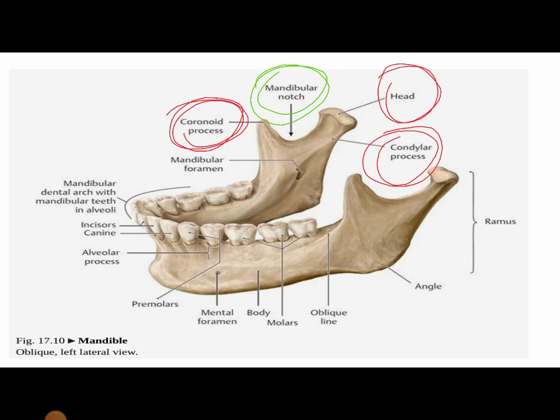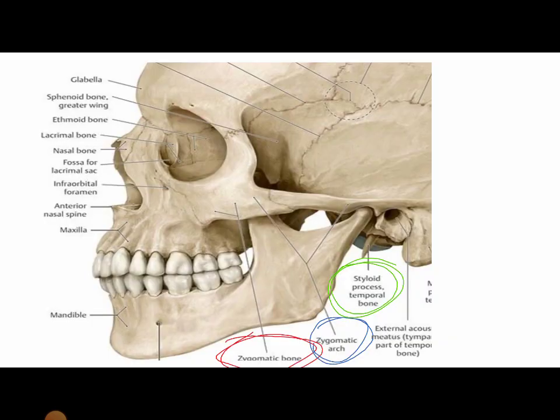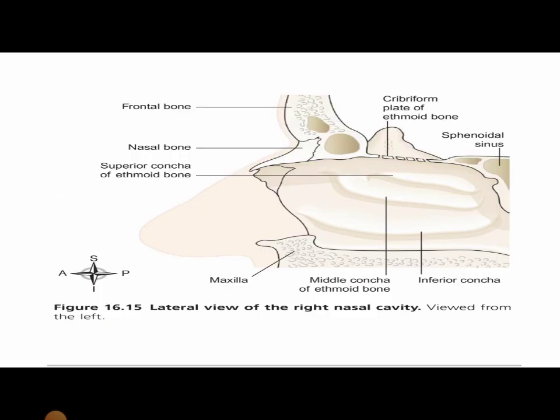This is the picture of the mandible. You can see various processes: the coronoid process, the head, and a notch, the mandibular notch. There's a process called the condylar process. This is again the picture. You can see the zygomatic bone, zygomatic arch, and styloid process of the temporal bone, and the nasal bone, in a lateral view of the right nasal cavity.